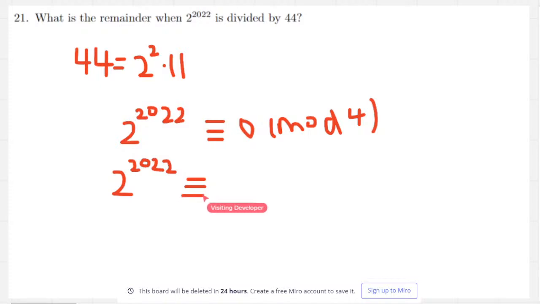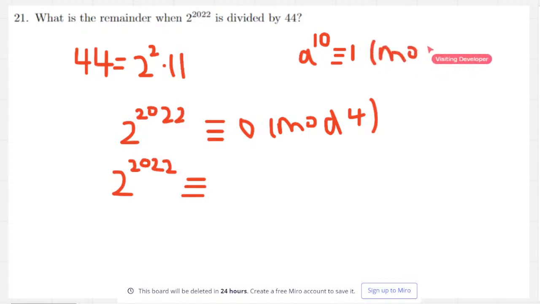So by Fermat's little theorem, we know that any number that's relatively prime to 11, let's call this A, when raised to the power of 10, is congruent to 1 mod 11, since 11 is a prime.